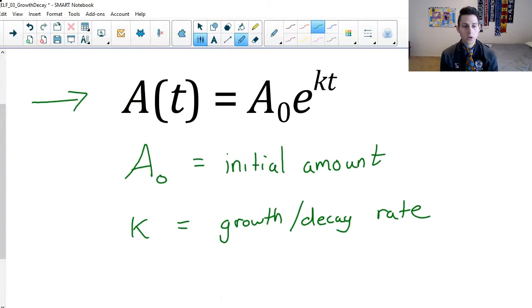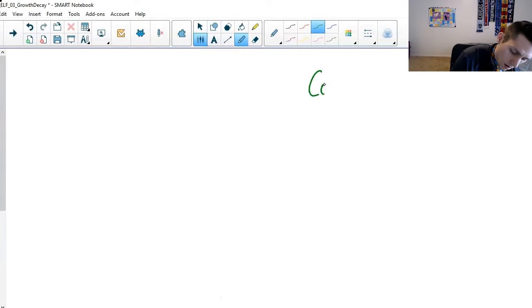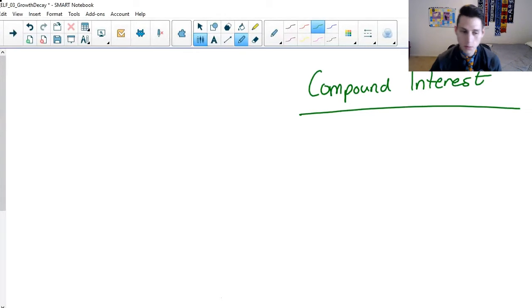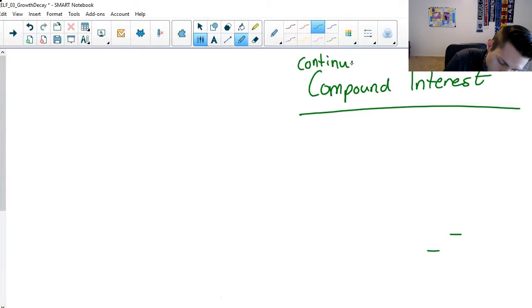Is it also called PERT? Oh, I know what you're talking about. Yeah, for compound interest, you've probably seen this formula before, specifically for continuous compound interest.